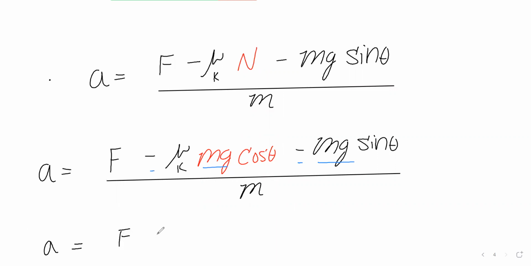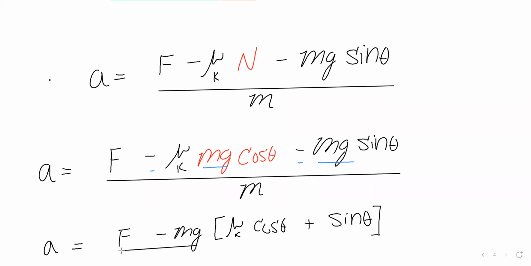So F minus mg. If I factor out mg, all that remains is mu cosine theta plus sine theta. Yeah, maybe we should be a little careful doing that algebra.